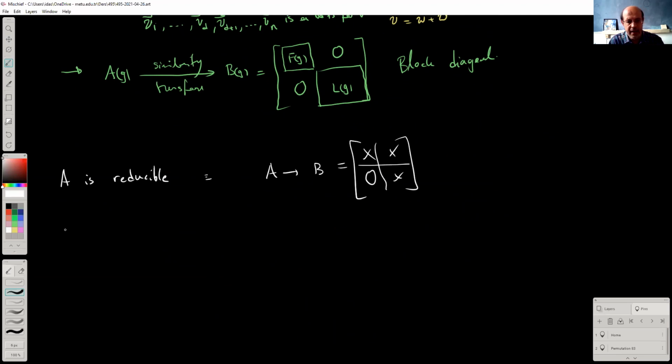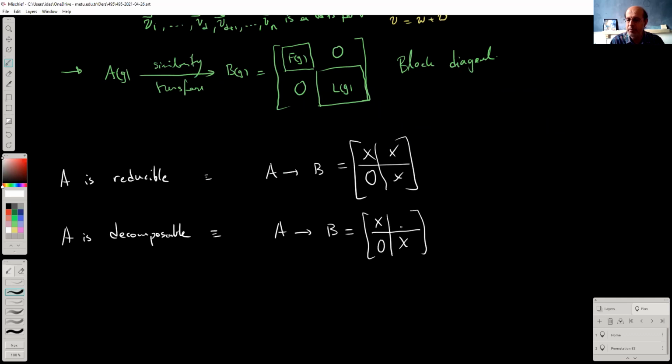A is decomposable means that I can bring the whole representation matrices into the block diagonal form. So if it can be made into this upper triangular form, it is reducible; it is decomposable if it can be made into a block diagonal form.